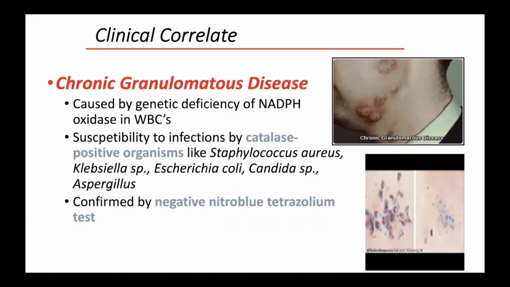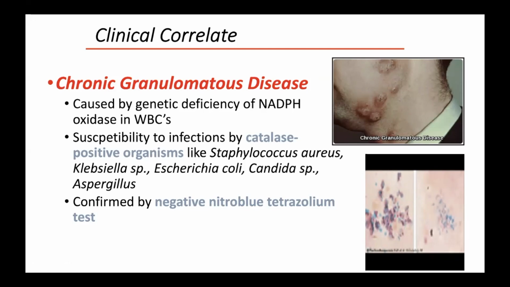So we're going to end up with chronic granulomatous disease, CGD. What enzyme is deficient in CGD? Make me proud. Let's end on a high note. What enzyme is deficient in chronic granulomatous disease?